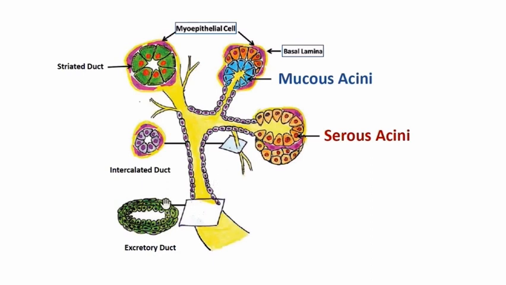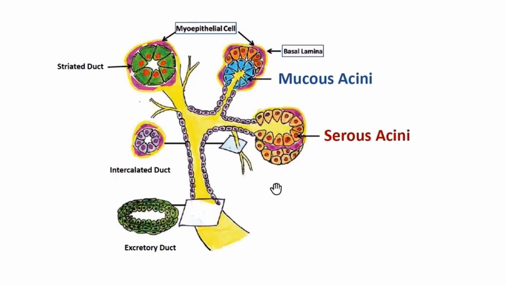Initially they are lined by pseudostratified or stratified cuboidal epithelium, until reaching the main duct, which empties into the oral cavity by non-keratinized stratified squamous epithelium. All of them open into lining epithelium.